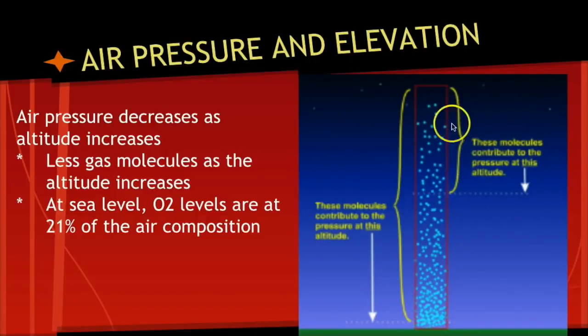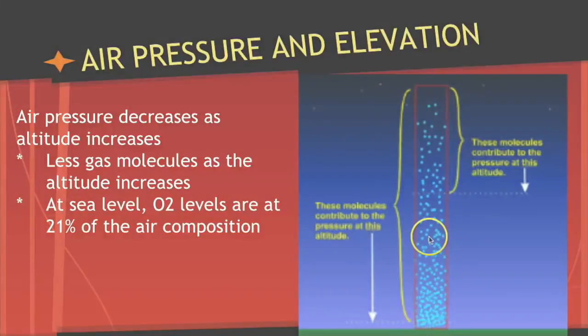As you get higher, the air molecules in the same space make up less of a percentage. If you look at our diagram here, this entire area is putting pressure on the ground. But when you look up here, at the smaller area, there's a whole lot less pressure contributed from this area than from this entire area, or even this area down below.